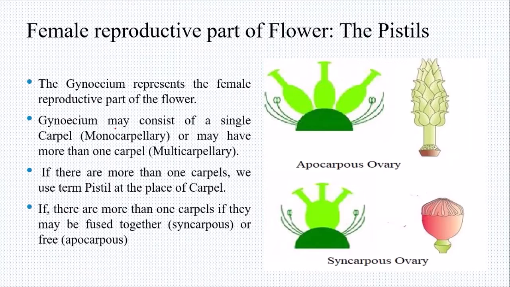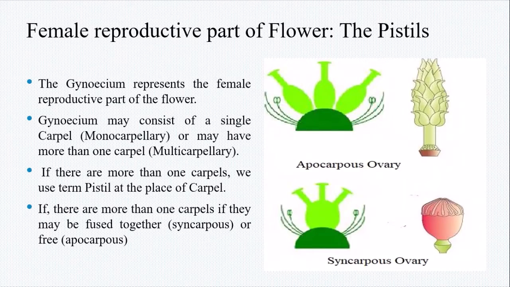Sometimes the term pistil is used in a similar manner to carpel, but not in all situations. The term pistil is sometimes used to refer to a single carpel or several carpels. So the pistil is a collective term for the carpels when more than one carpel is found in a flower.